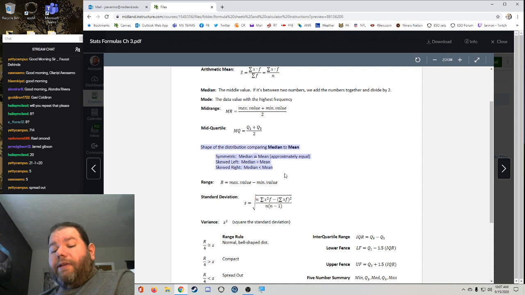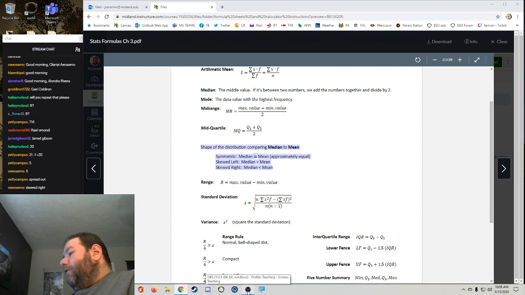If the median is less than the mean, that means the data is skewed right.